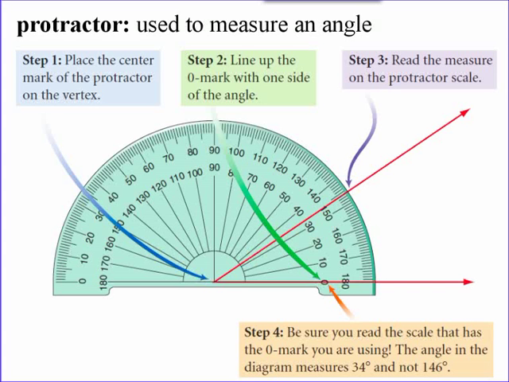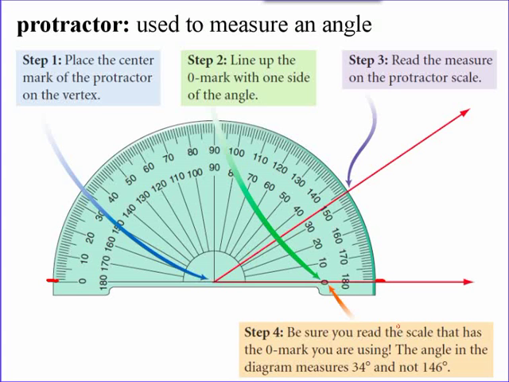And so if you look at your protractor, you're going to notice there are two different ranges for degrees. Notice in this case that the outer one starts with 0 on the left and ends with 180 on the right. Do you see that? You also have an inside scale that starts on the right.